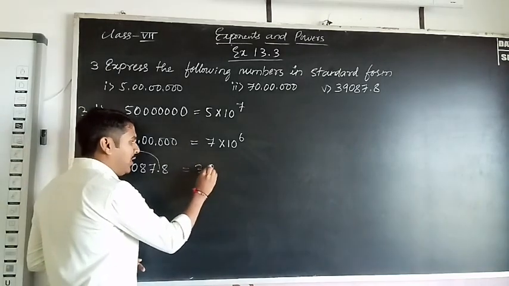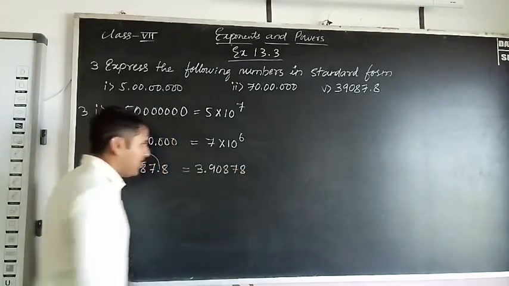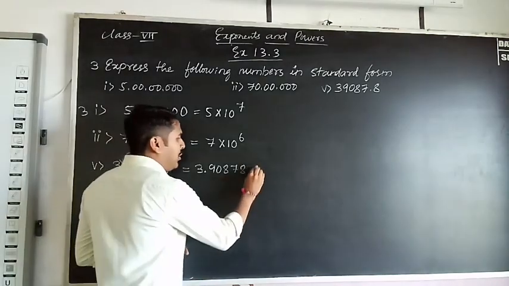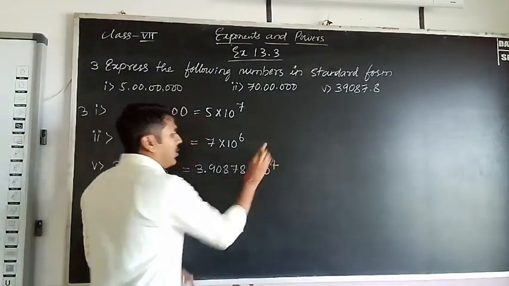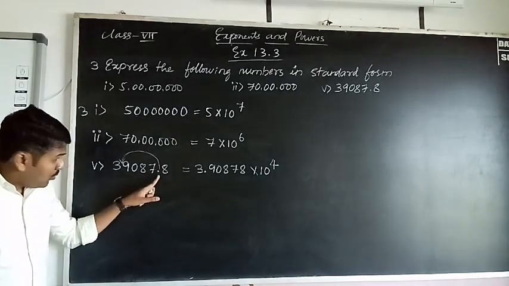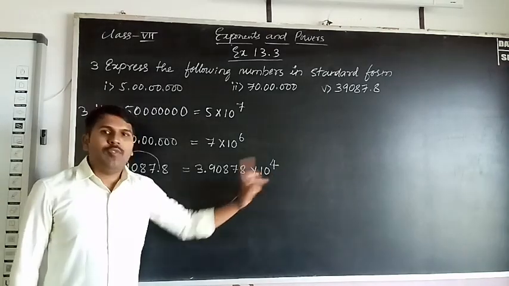So 3.9 and whatever the numbers are there, write down. So total how many places have you shifted? 4 places. That means into 10 raised to 4. Why? Because for shifting 1 place, 2 place, 3 place, 4 place. That means 10 raised to 4.